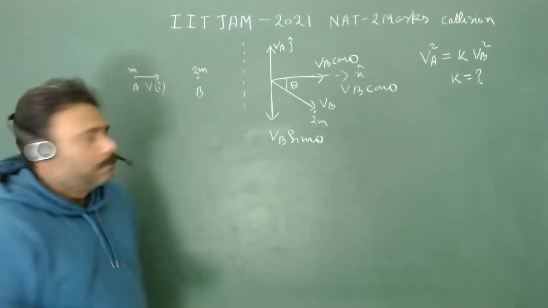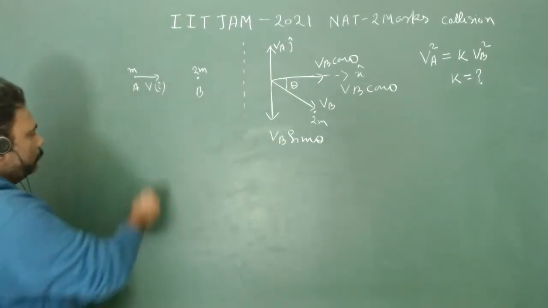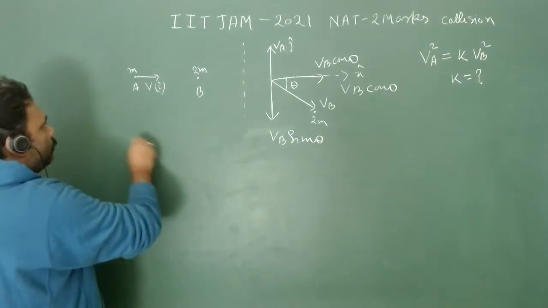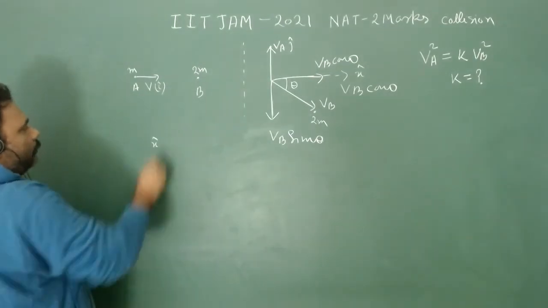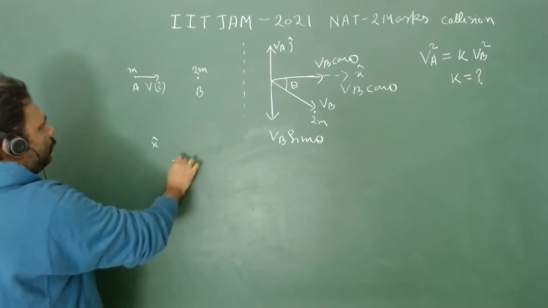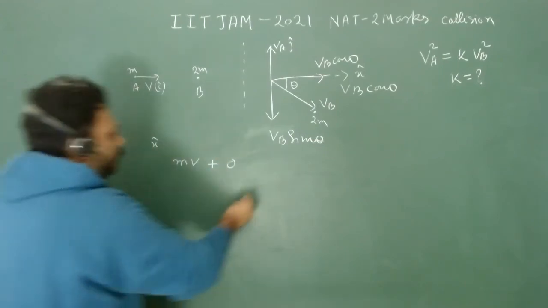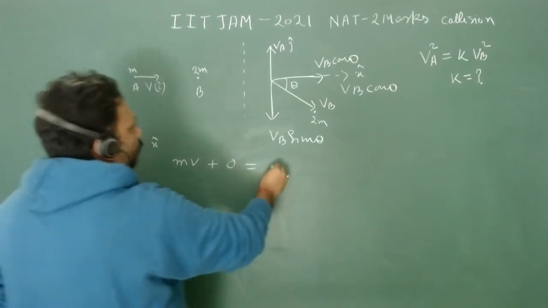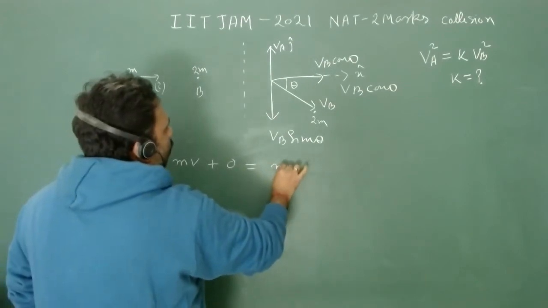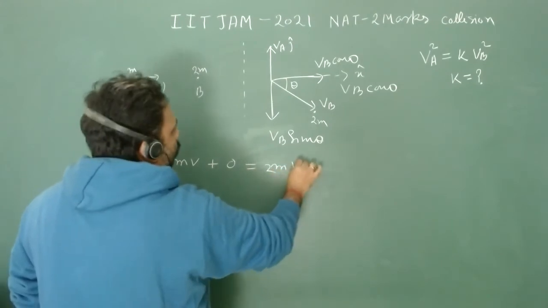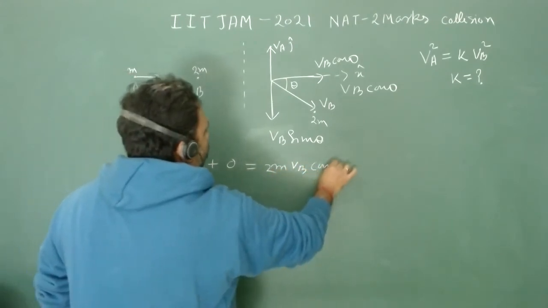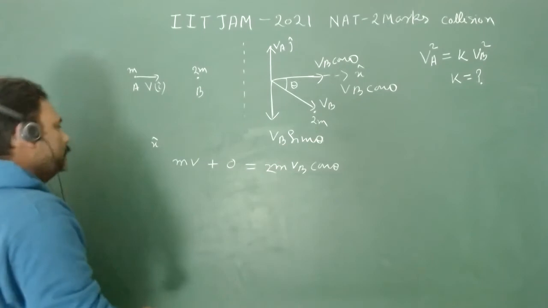So let's write conservation of momentum in the x direction. That is m into v plus 0, because B is at rest, and after that we have 2m VB cos theta. This is for the x direction.